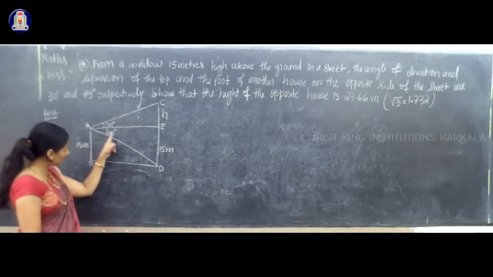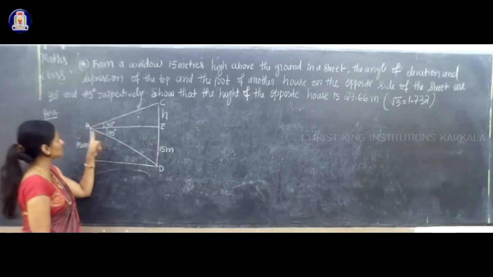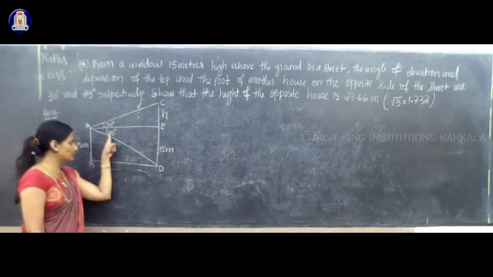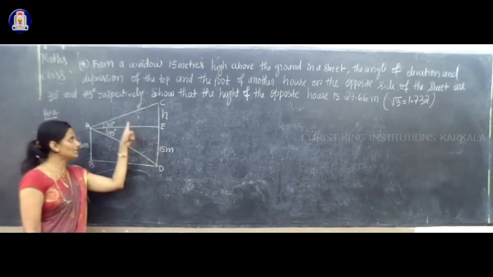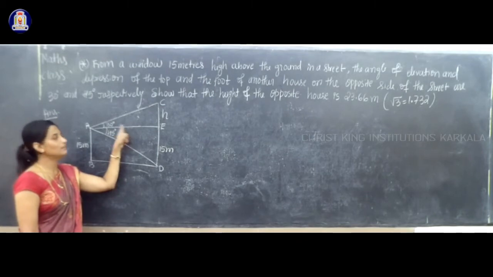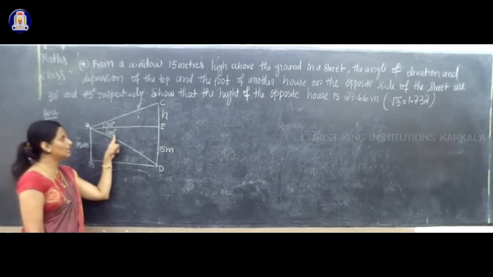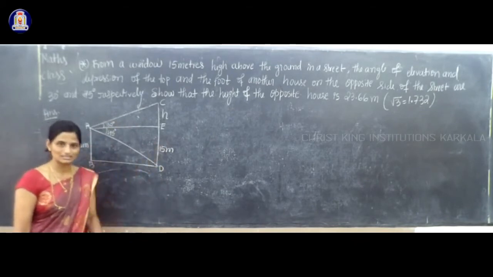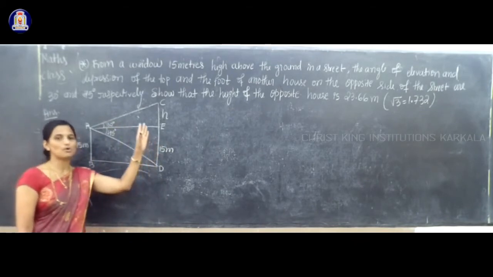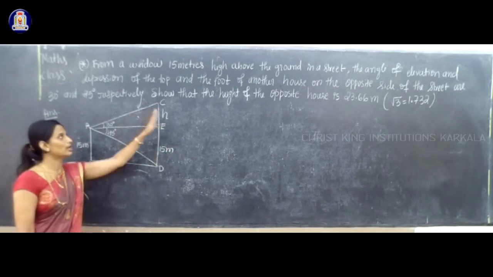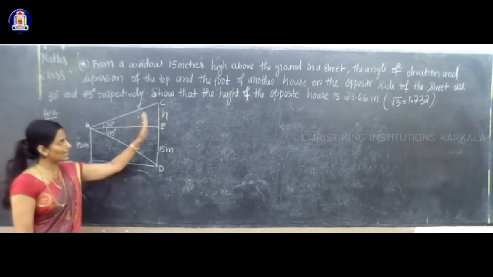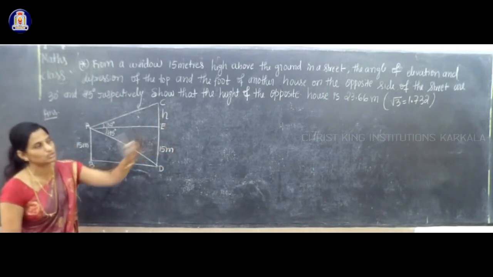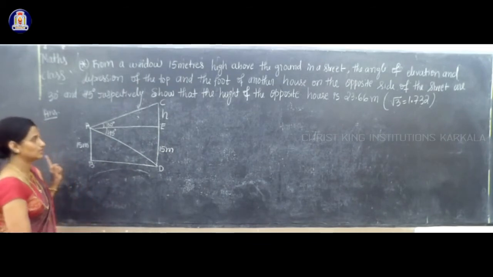Next for 45 degree, which triangle is it? AED. Here the opposite side and adjacent side give tan theta, so we get the second box. Now compare the first box and second box and get H, then add that H to 15 and substitute root 3 is equal to 1.732.